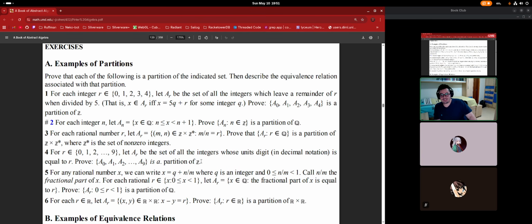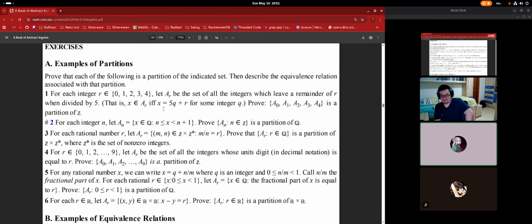Well, it's because, for example, A1 is forcing us to figure out that when you wrap around, you go back from 4 to 0. That's why that works.